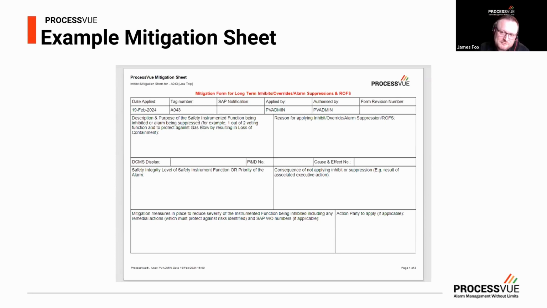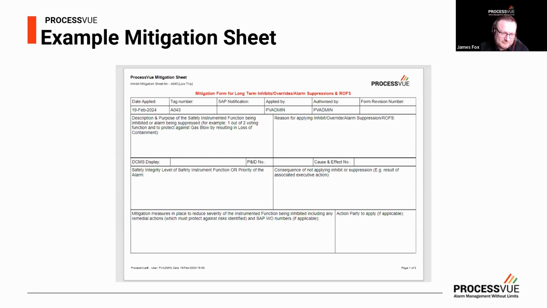So the inhibit and override work list allows us to accurately timestamp the inhibits and overrides, provides a dynamic register, so you've got one place to go to look at the current inhibits and overrides without having to do anything in terms of recording them, and also promotes the awareness of them to the rest of the business.